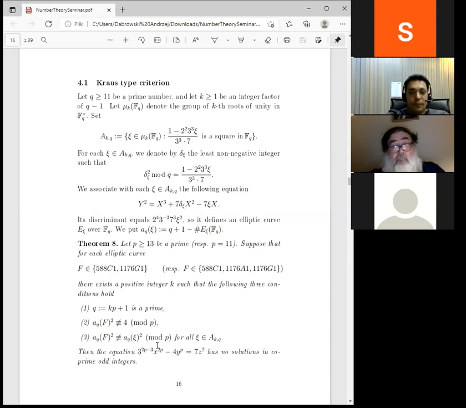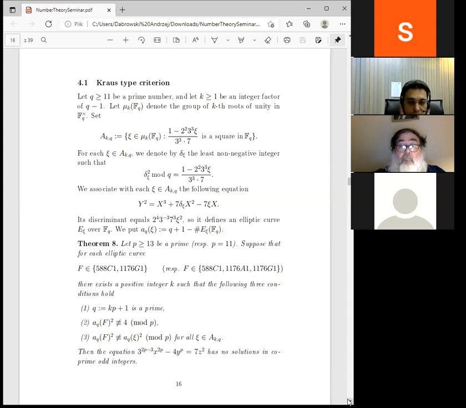Let me mention that such a criterion, Kraus criterion, is a generalization of the classical Sophie Germain criterion in the case of Fermat's last theorem. Classical, but here it is of course a very, very big generalization of this method.